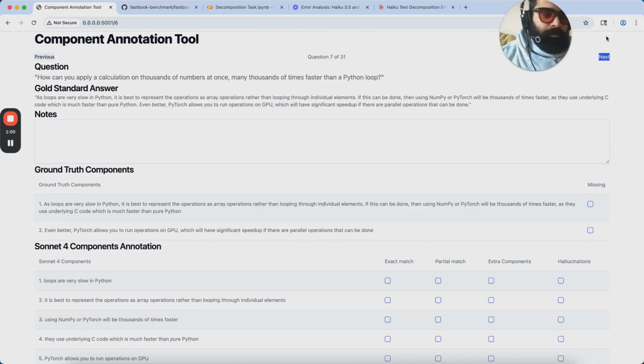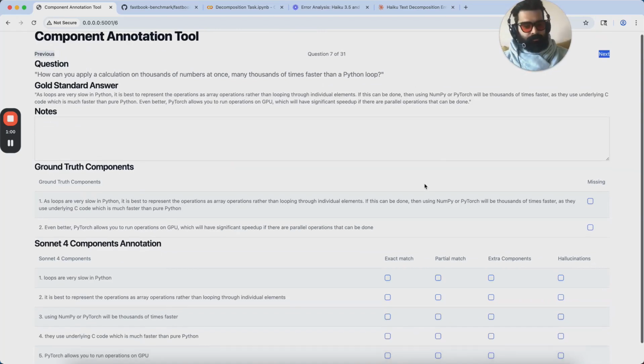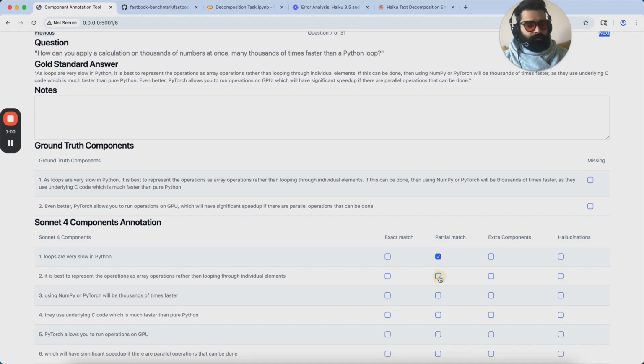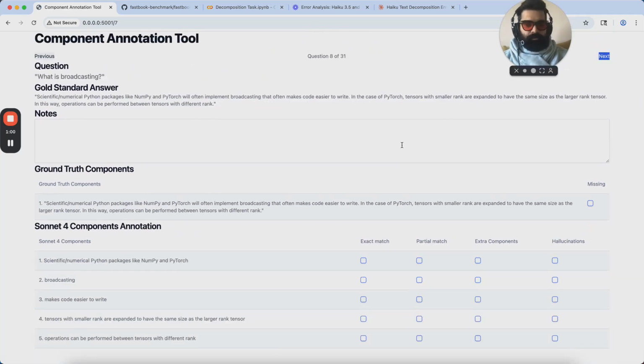As you can tell, I'm going a bit faster because this is now the third time we're looking at this type of data. Partial, partial, using NumPy or PyTorch, underlying C code, operations on GPU, which will have speed up. Yeah, that's good.